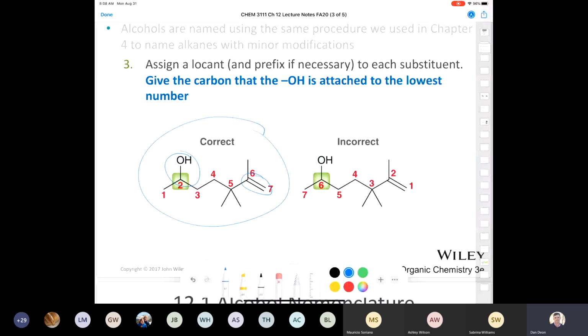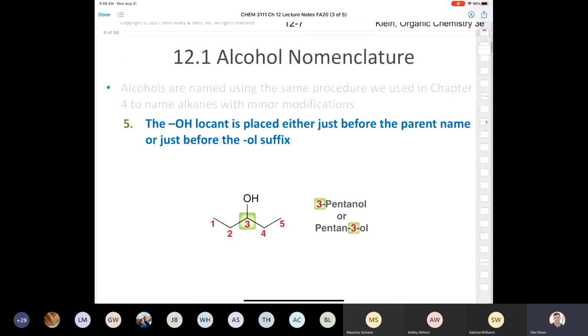You would say this is an alcohol. Okay, so the rule is going to apply that we would number the chain so that we give the highest priority functional group the lowest possible number as a locant. So that's why we would not number it giving the alkene the lowest possible locant.